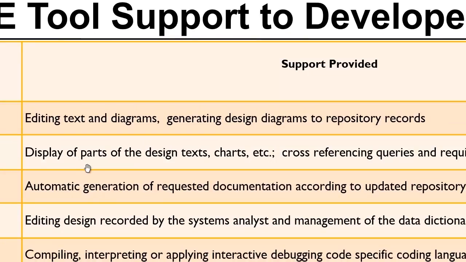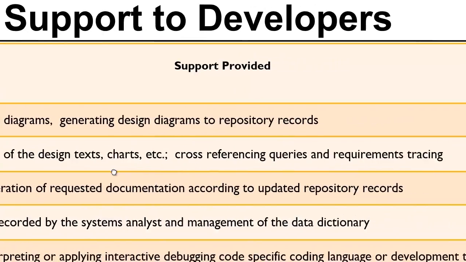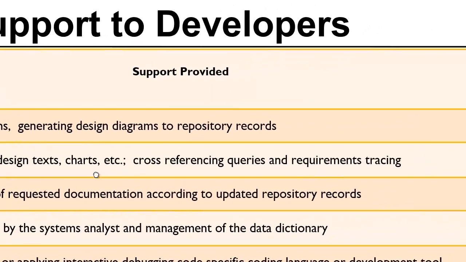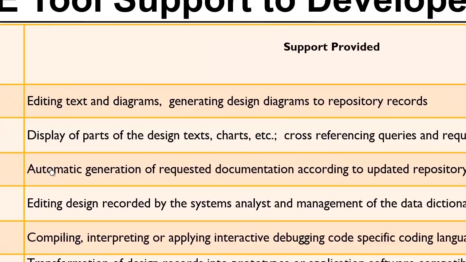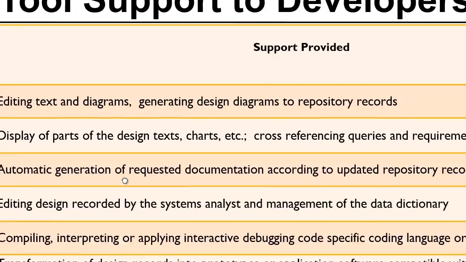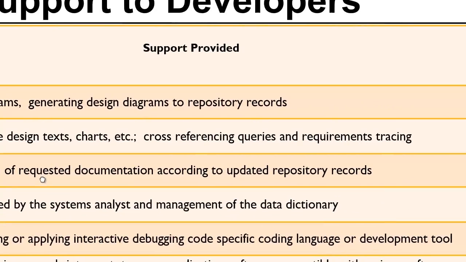Support provided: display of parts of the design text, charts, etc., cross referencing queries and requirements tracing. Automated documentation. The support provided is automatic generation of requested documentation according to updated repository records.